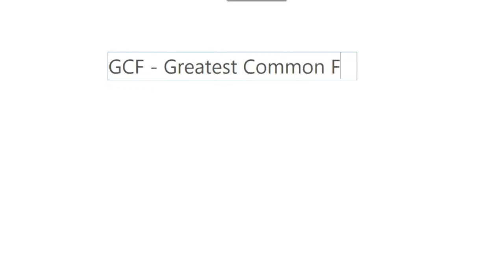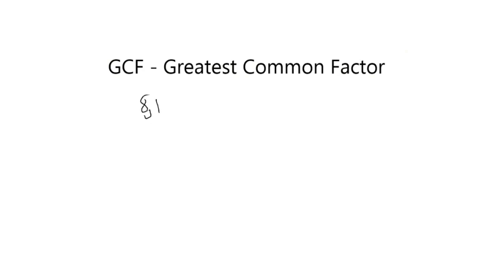So, now let's get more examples. Let's make some harder examples. Oh no, let's talk about GCF. What is GCF? GCF means greatest common factor. That is the greatest factor common to two terms or two algebraic expressions.